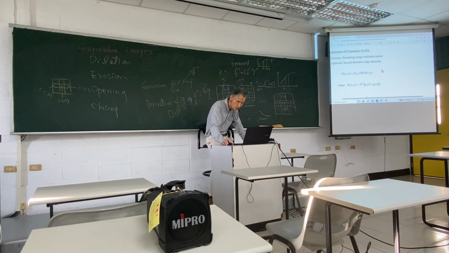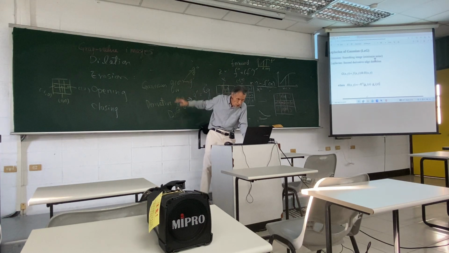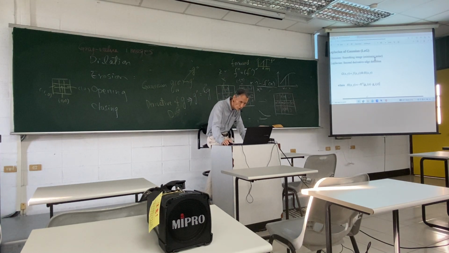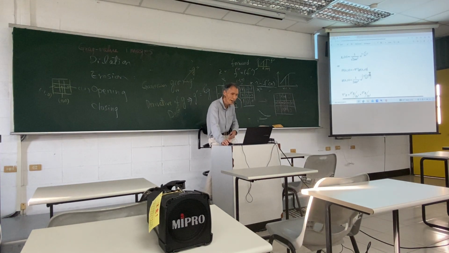I will skip the details because most of the time you might use the DOG, but we hardly use LOG. It's just based on the second derivative: the first derivative and take another derivative. And the derivative of Gaussian is still a Gaussian.